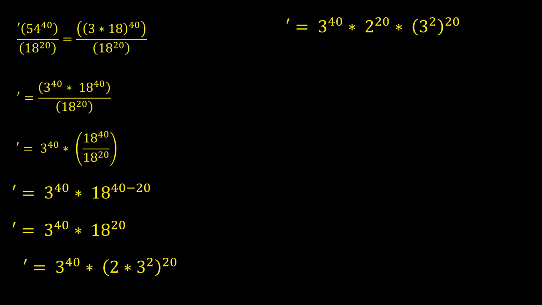Distribute the power of 20 to both 2 and 3 squared, giving us 3 to the power of 40 times 2 to the power of 20 times 3 squared to the power of 20.